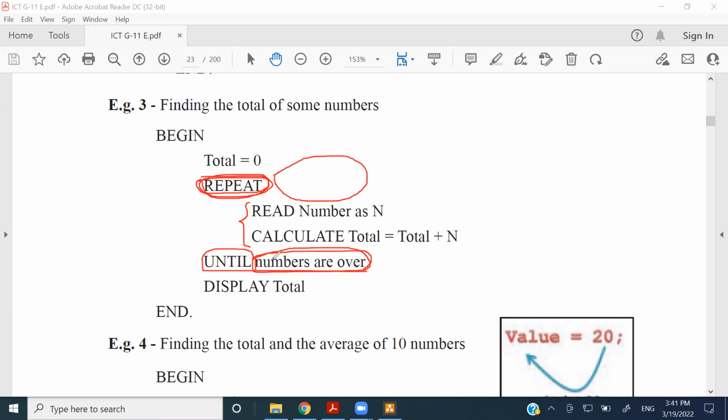But in the repeat until, this particular condition must be false to perform these two statements. So those are the two major differences between while and repeat until.